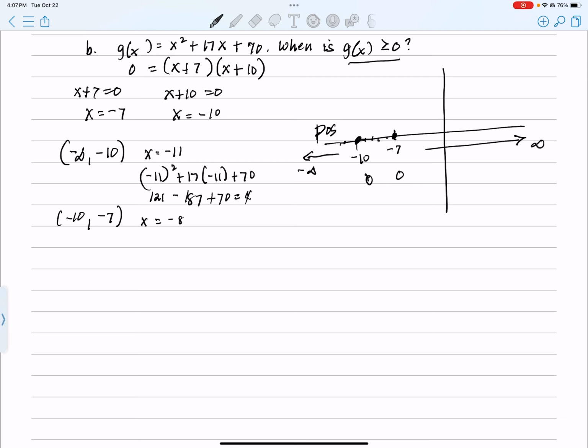Negative 8 squared plus 17 times negative 8 plus 70. That is 64 minus 136 plus 70, which equals negative 2. So what we have in this interval is negative.